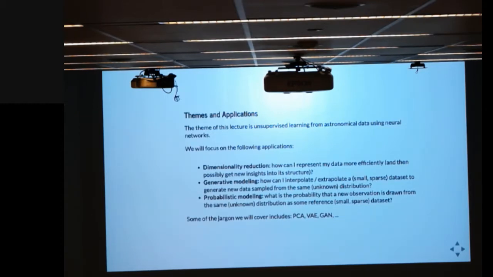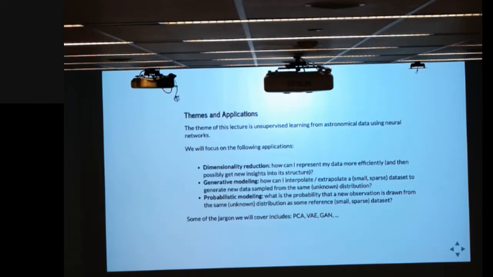The main applications of unsupervised learning that I have in mind are three. First is dimensionality reduction. You have some data, and you're asking the question, how can I represent the data that I have more efficiently, and then perhaps get more insights into its structure.